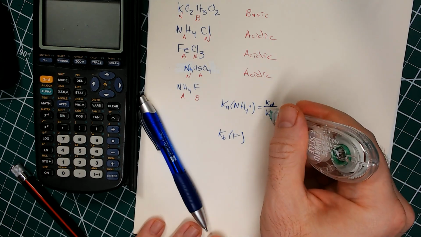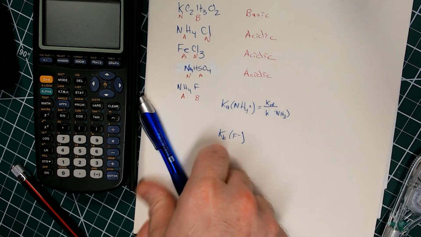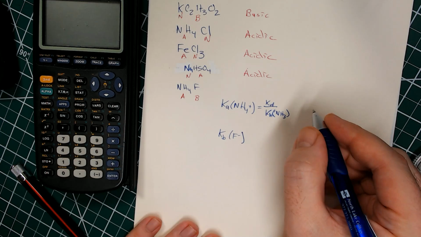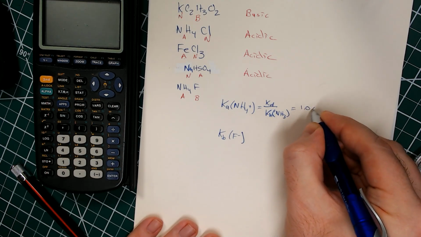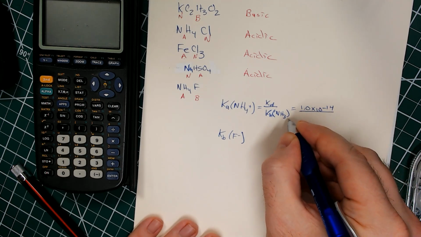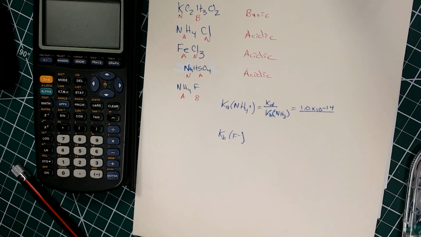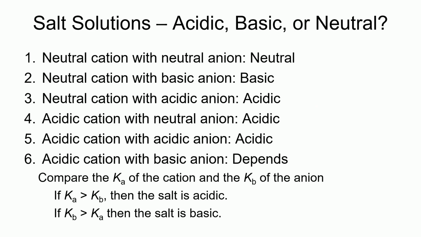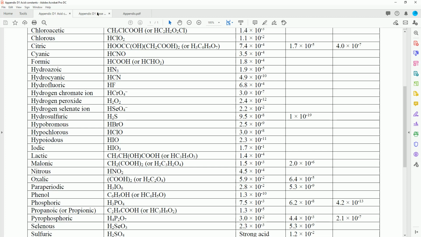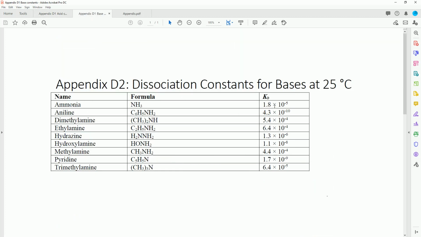So Kb of ammonia. All right, so let's put in some numbers. So 1.0 times 10 to the negative 14. And our Kb for ammonia, I'm going to pull up our appendix. And we want the Kb for the base, so there is 1.8 times 10 to the negative 5.